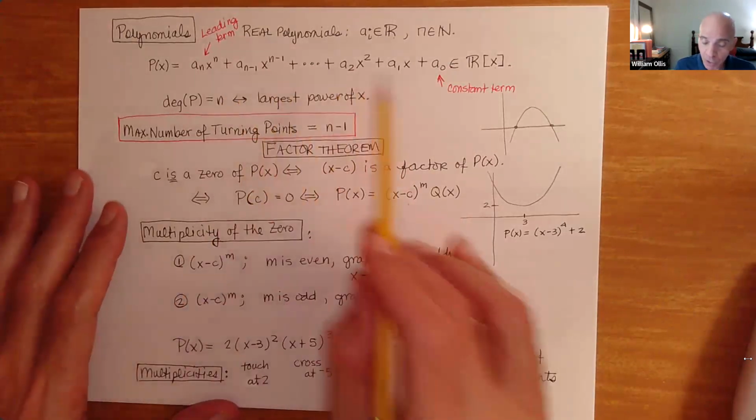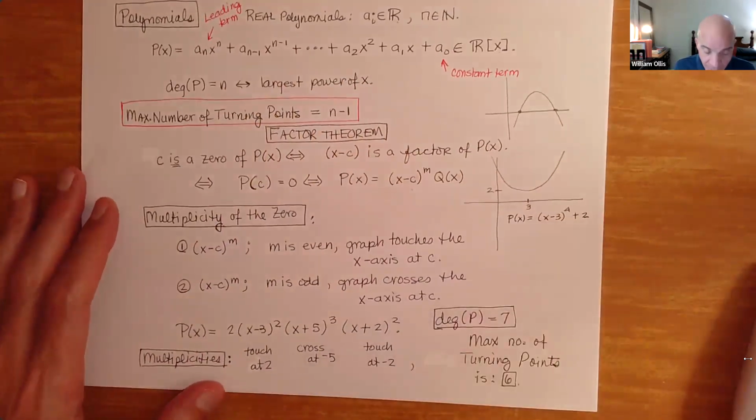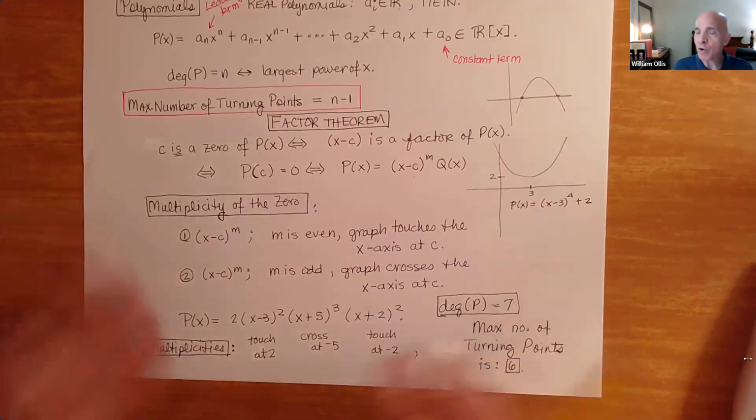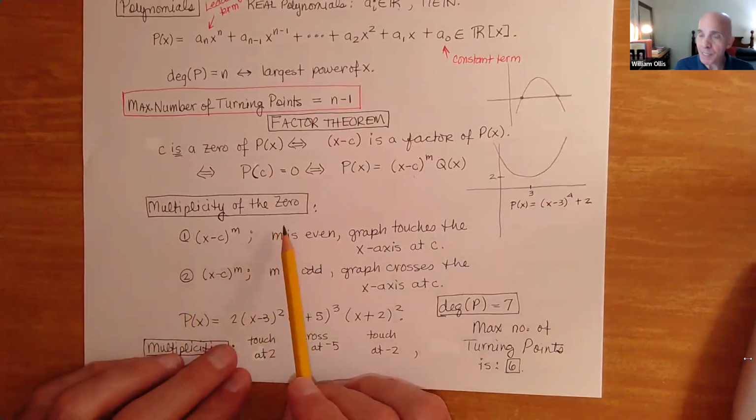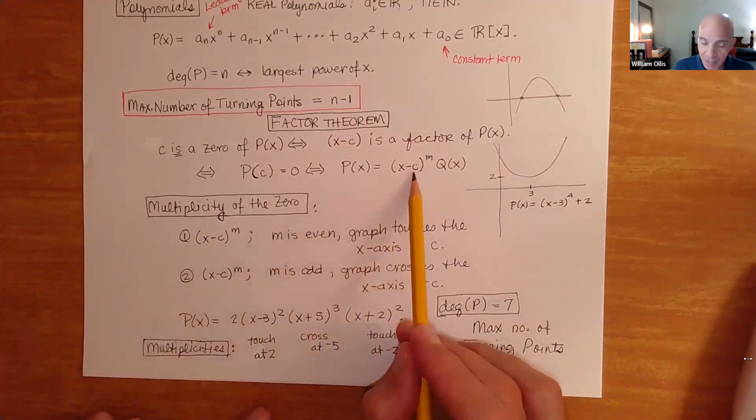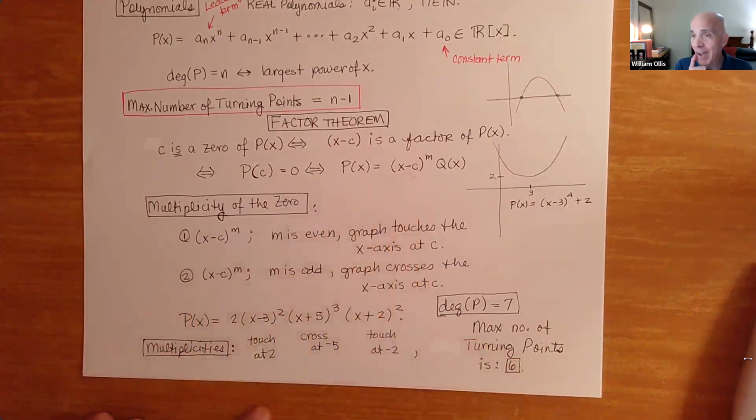So this is something you're accustomed to. Now, one thing that's very useful, and I've already mentioned it in our lectures covering inequalities, is the multiplicity of the 0, and that's exactly why I have mentioned the factor theorem here. For instance, when you have a 0, it will occur to a particular multiplicity.